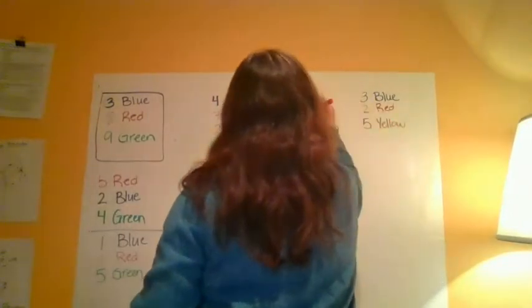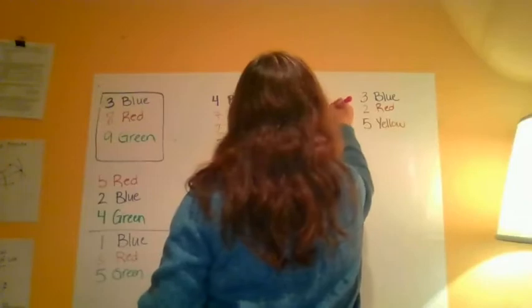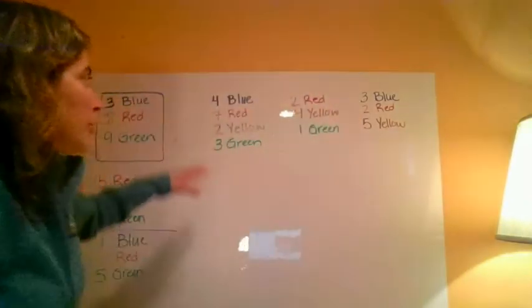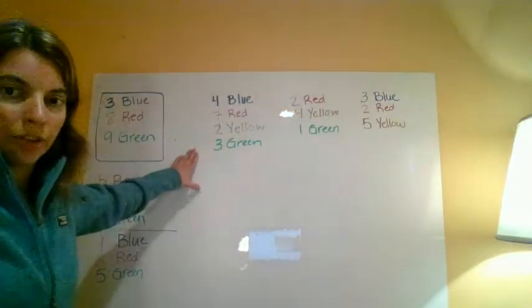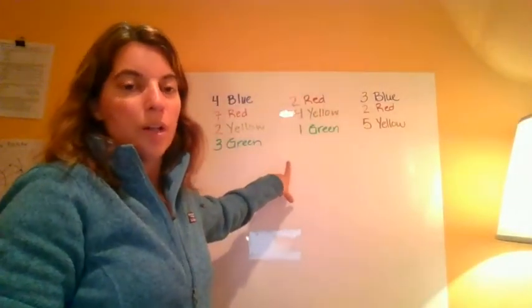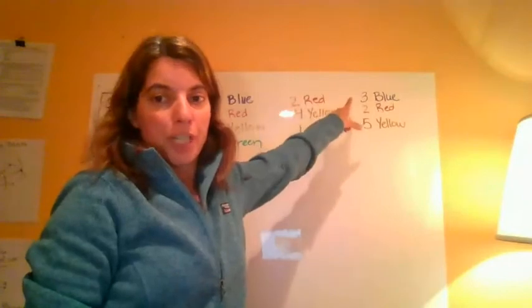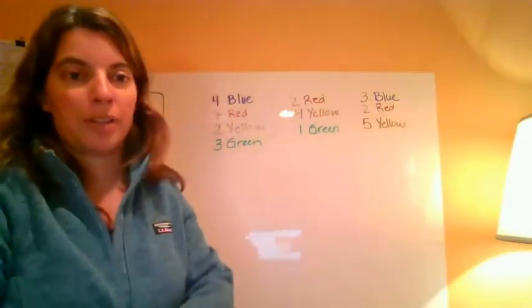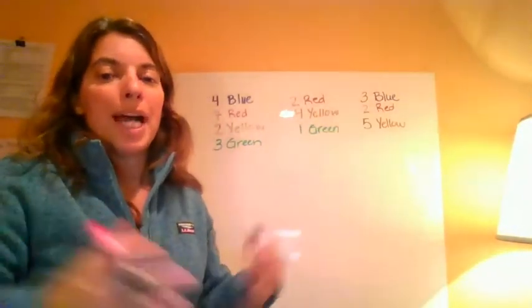And this one here was 4 yellow. Okay, so 4 blue, 7 red, 2 yellow, 3 green. And we have another group, 2 red, 4 yellow, 1 green. And another group, 3 blue, 2 red, 5 yellow. Okay, so we want to combine all of these.